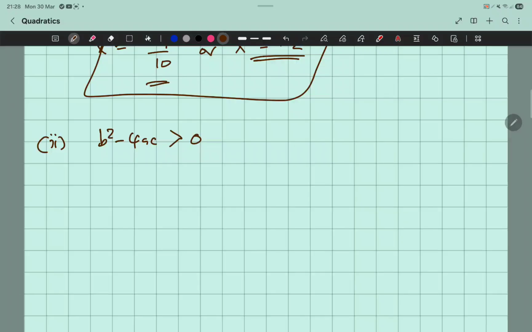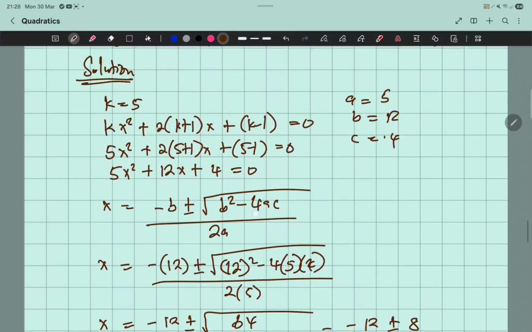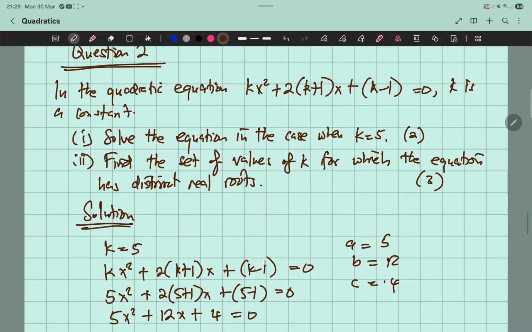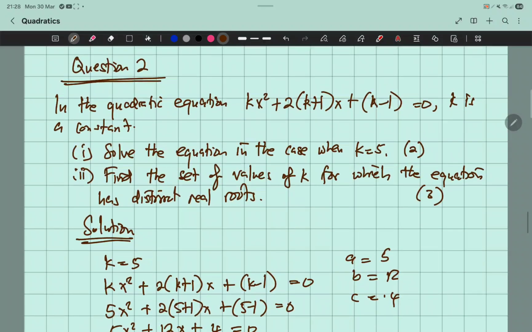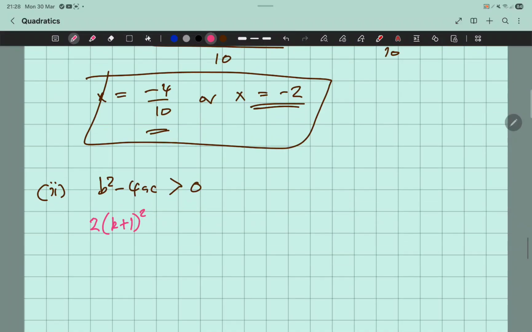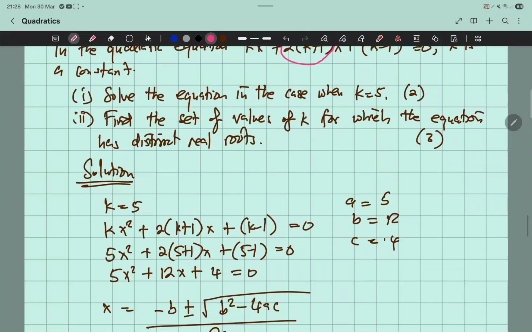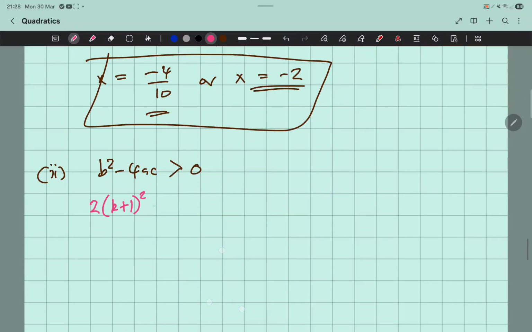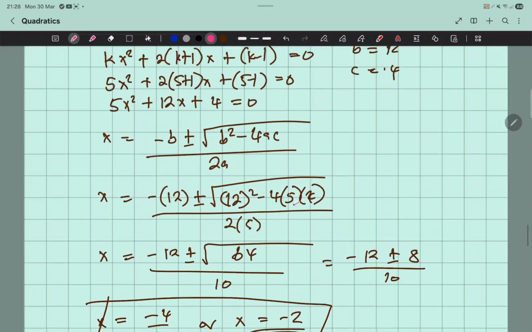Yes, so our b squared: the coefficient of x is 2(k plus 1), because this is our b, so we put squared to it, b squared, minus 4a.